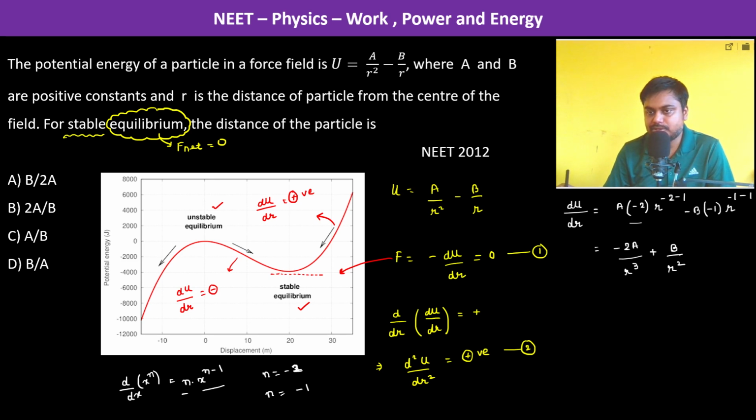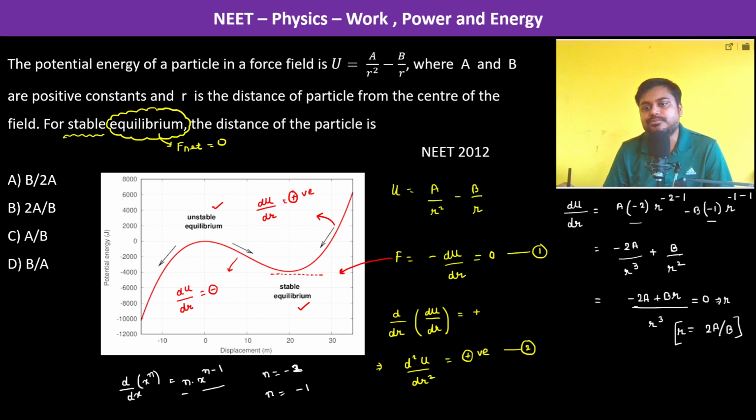So this becomes minus 2A plus BR divided by R cube. Now this has to be equal to 0. So R is going to be 2A divided by B, by putting the numerator equal to 0.